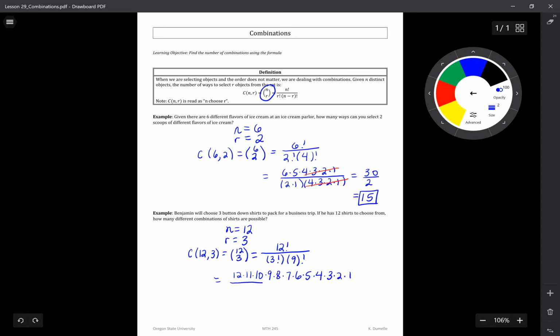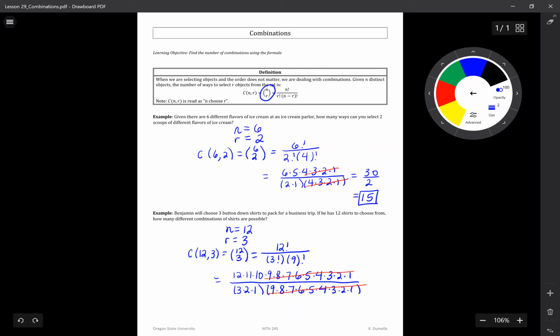That's 12 factorial on the top. On the bottom, my 3 factorial is 3 times 2 times 1. My 9 factorial is 9 times 8 times 7 times 6 times 5 times 4 times 3 times 2 times 1. So I'm going to cancel out all of these terms.